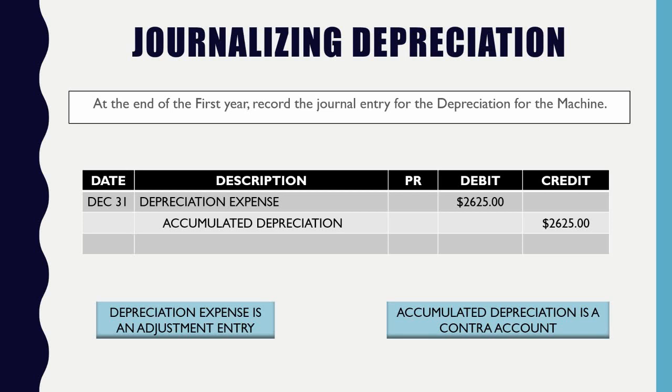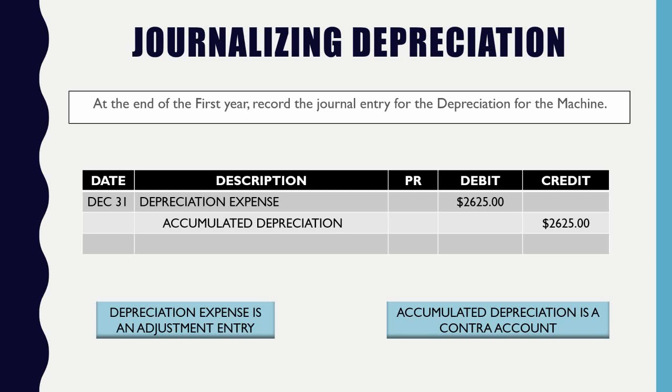Depreciation expense and accumulated depreciation. Now, once again, these are considered adjustment entries. These things happen usually towards the end of the month or the end of the year. But I'm going to tell you this, depreciating at the end of the month, you can do. It's not wrong. You can do it at the end of every single month, so you don't have to do it at the end of the year.